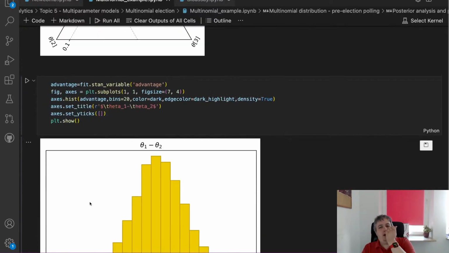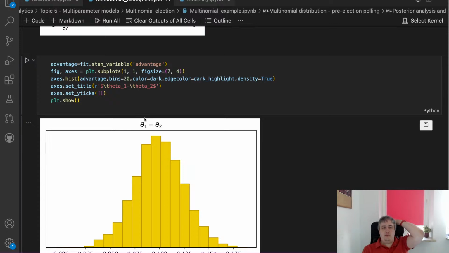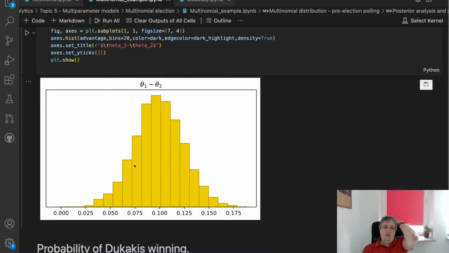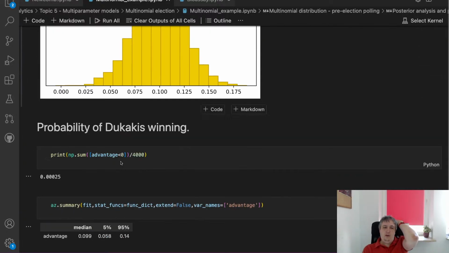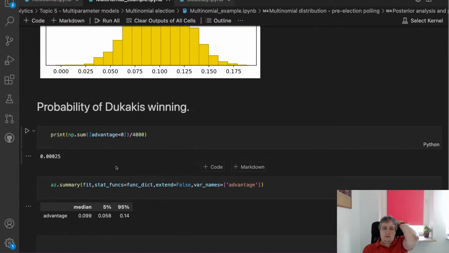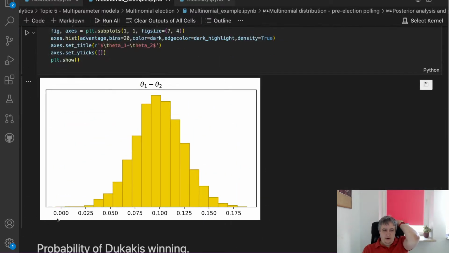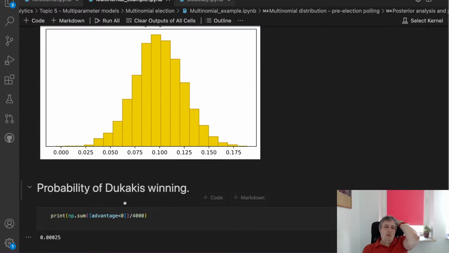And finally, the quantity of interest. So what is the advantage of the first over the second? This value gives us how this number is distributed, and we can get a probability of Dukakis winning.